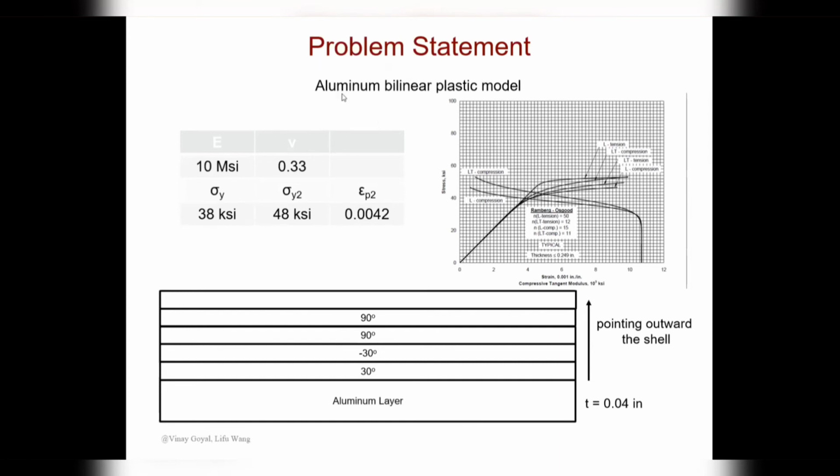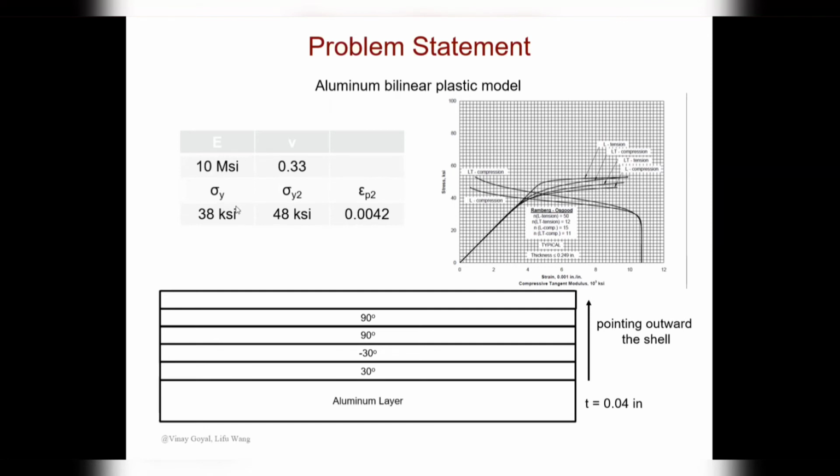And for aluminum, we use a bilinear plastic model. So this bilinear plastic model, this is the stress and strain curve that comes from the experiment. And because we are testing tension, we choose the third one. And bilinear model means we can consider that as two linear lines.